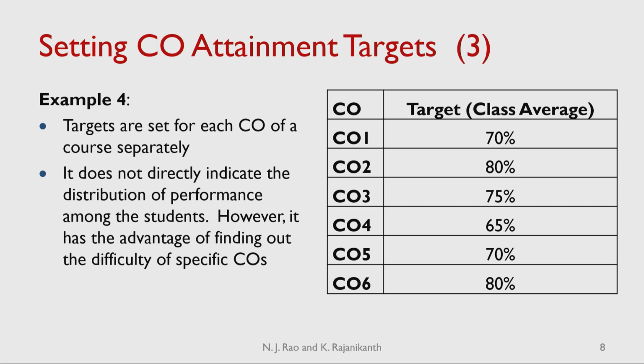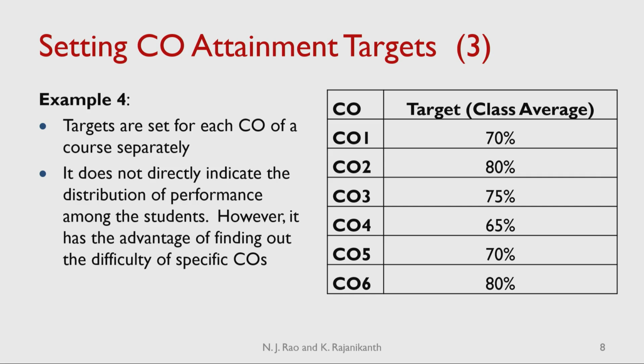This way of setting the targets does not directly indicate the distribution of performance among the students. However, it has the advantage of finding out the difficulty of specific COs.